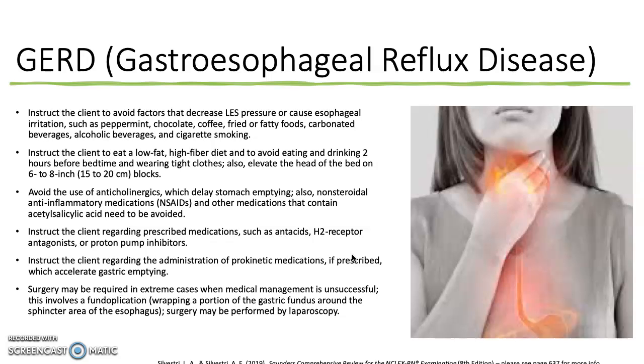They can get some of them over the counter, but a lot of times they've tried a lot of things before they come to see you. Surgery may be required in extreme cases, but it very rarely happens with GERD. The procedure is a fundoplication, which is basically a wrapping of a portion of the gastric fundus around the sphincter, or the area of the esophagus. It can be performed laparoscopically, and is more likely to happen if they have a hiatal hernia with GERD.